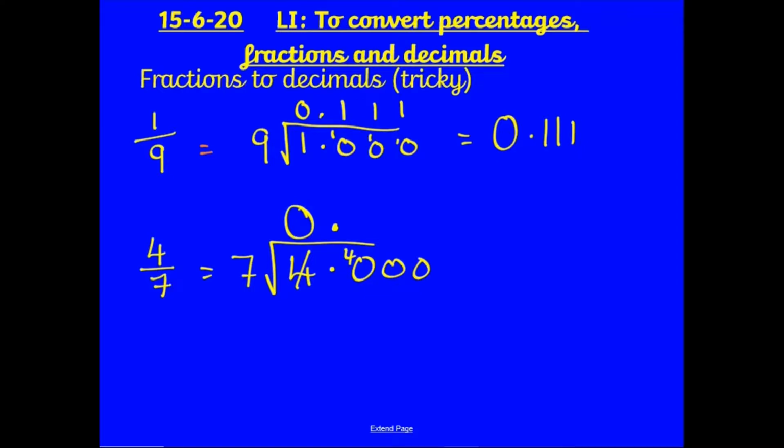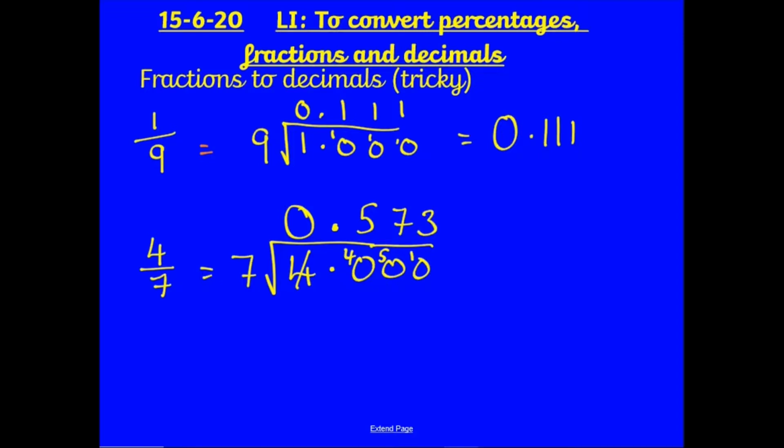Well, 7, 14, 21, 28, 35. So that's 5. Remainder 5. 35 to 40. I've now got 50 divided by 7. Well, 35 is 5, 42 is 6, 49, okay, it's going to be 7, remainder 1. And then here, 10 divided by 7 is 3, remainder 3.